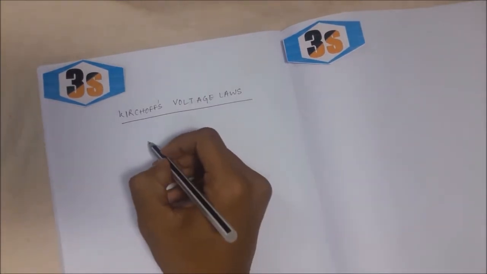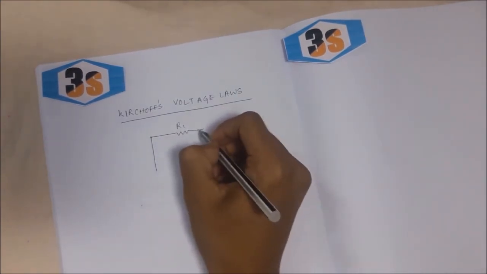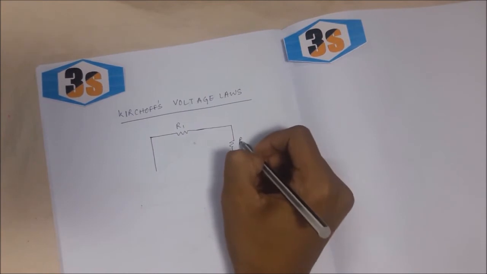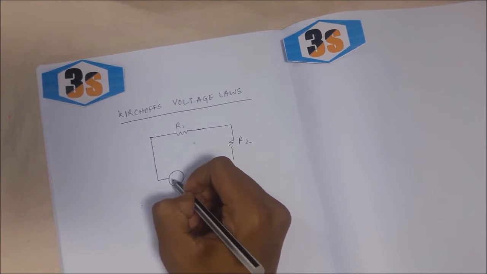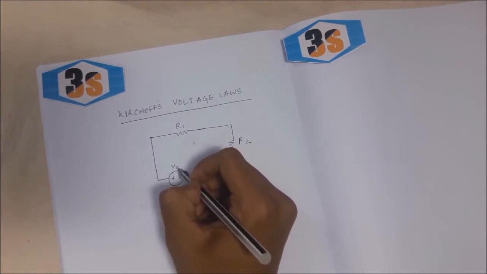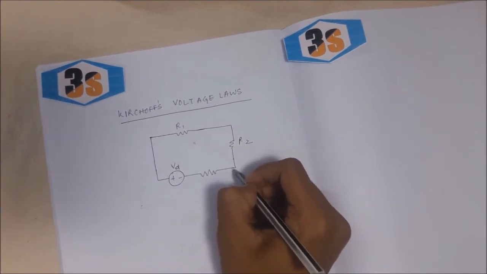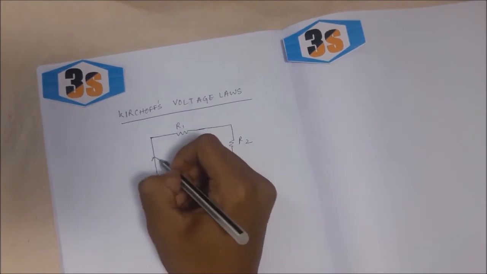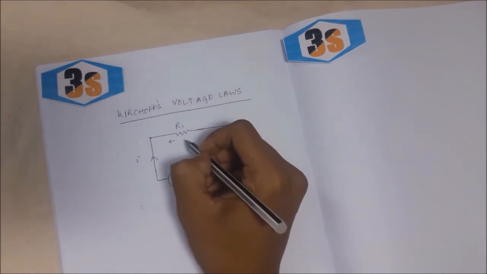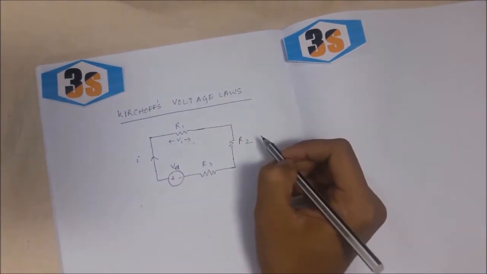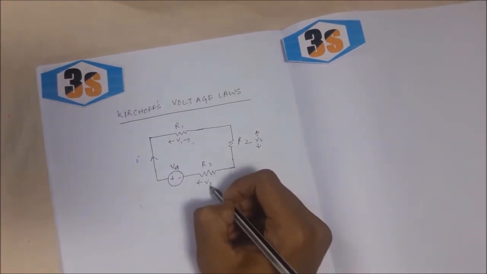For example, let us consider a loop where there is a resistor R1, another resistor R2, a cell giving a potential of VD, and another resistor R3. Let a current I flow through the circuit. Let there be a potential difference of V1 across the resistance R1, V2 across R2 and V3 across R3.